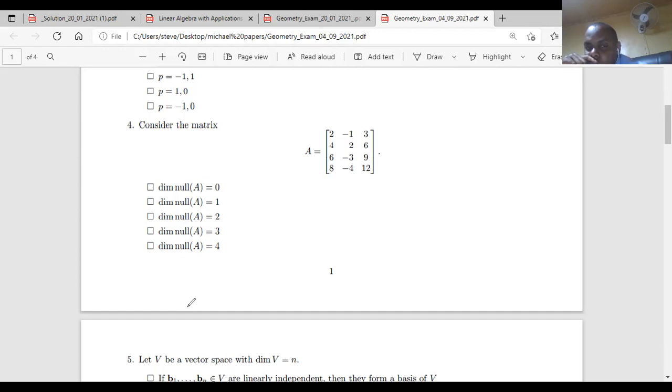We already know that's a 4 times 3 matrix, so it won't be 4. Yeah, right, so it cannot be 4.